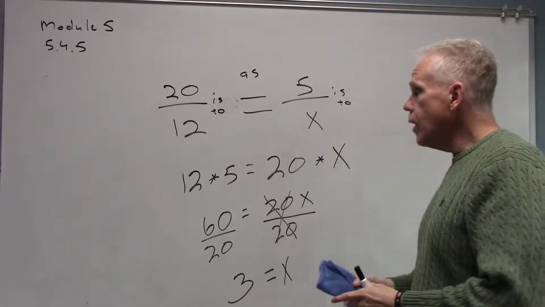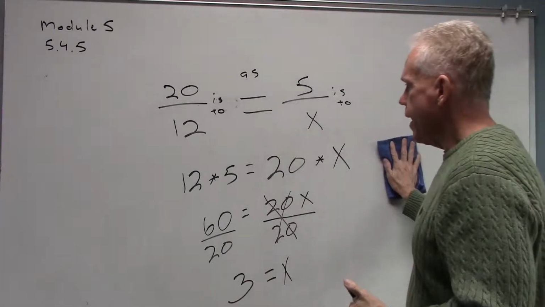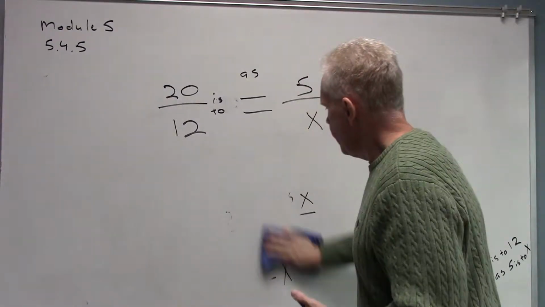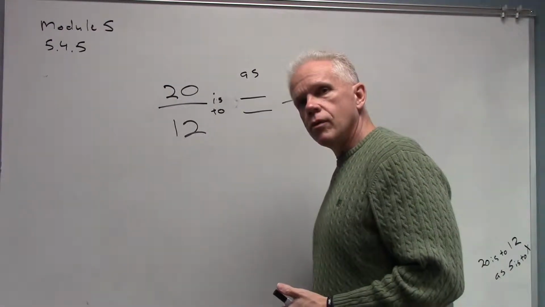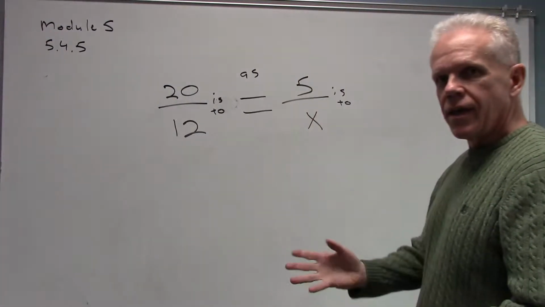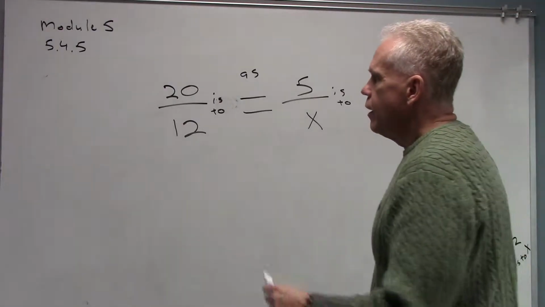That was using some algebra to figure it out. Now I want to show you a quick shortcut to get the same thing, because I think you'll like it. It's very helpful and takes advantage of the algebra.